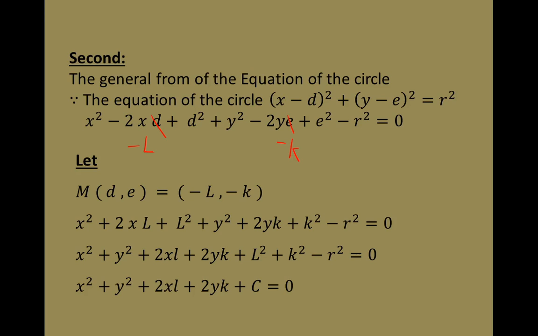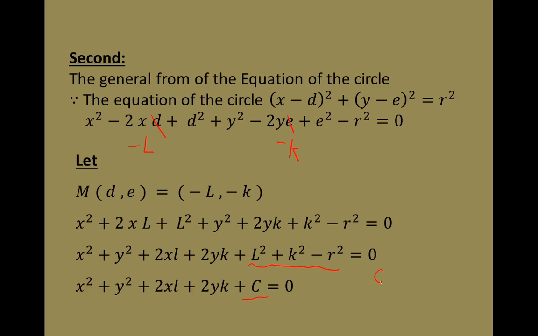I'll arrange the expression of this equation to be written as x squared plus y squared plus 2xL plus 2yK plus L squared plus K squared minus r squared. Take care. I will write a constant number c instead of L squared plus K squared minus r squared.